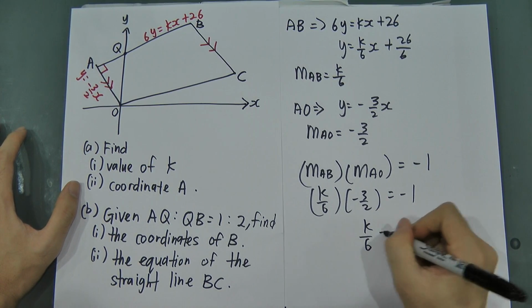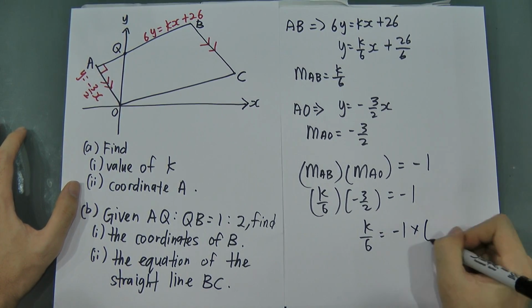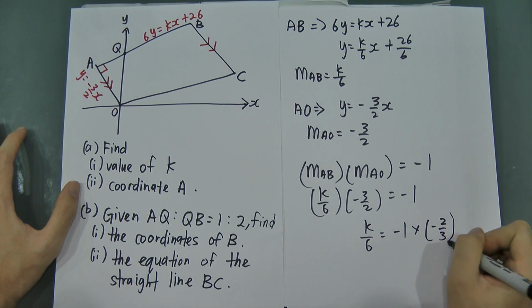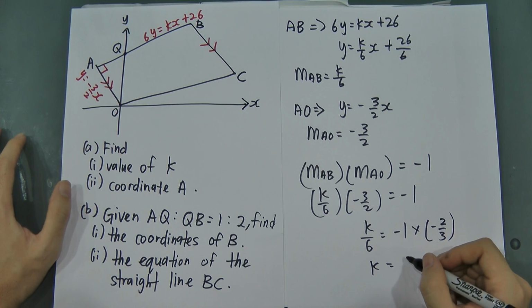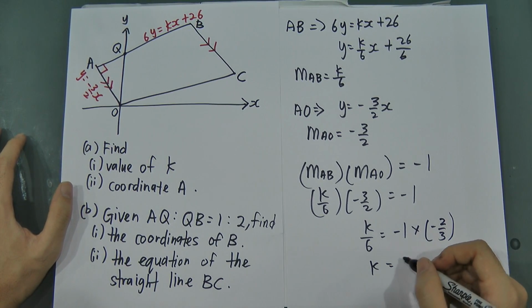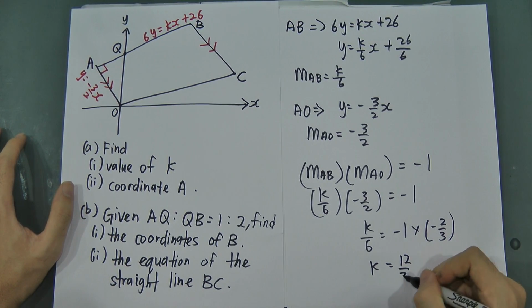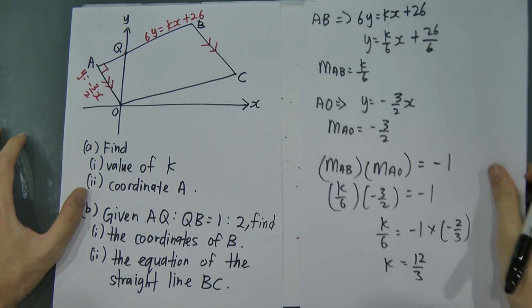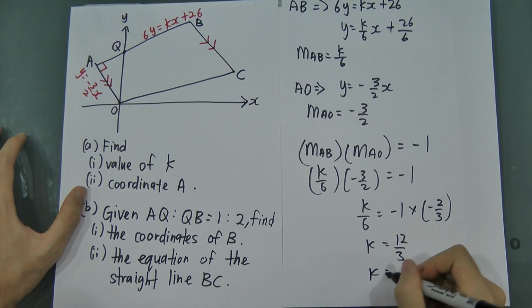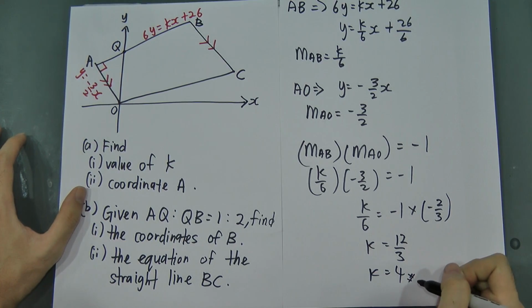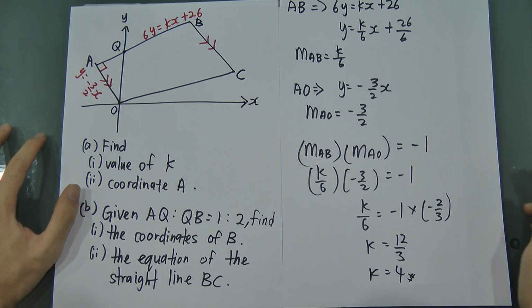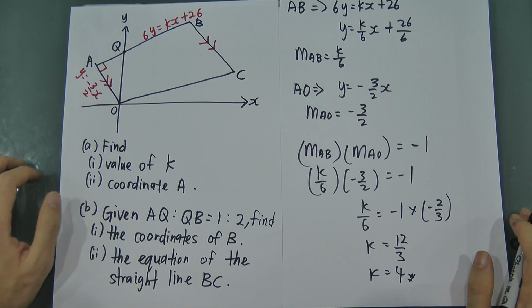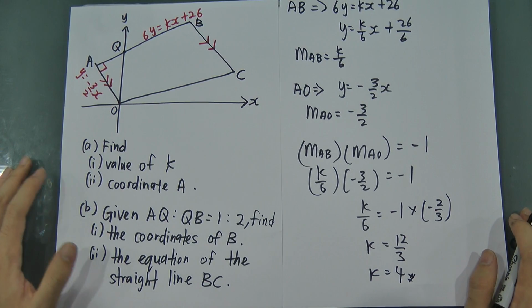K over 6 will equal negative 1 multiplied by negative 2 over 3, which is positive 2 over 3. So k equals 12 over 3, which gives us k equal to 4. Done, and we found the value for k.